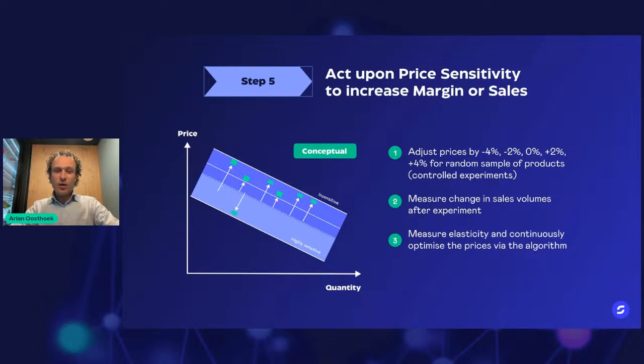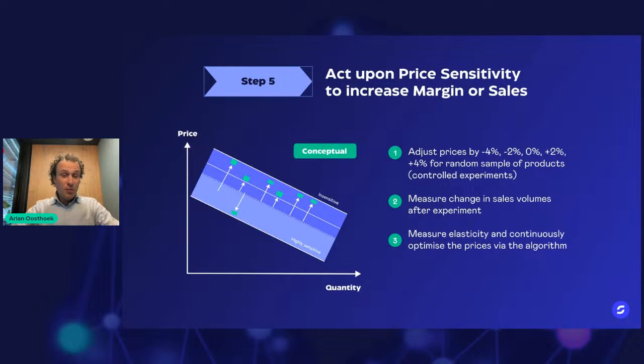And for the insensitive products, we choose a markup, which is also based upon how aggressive you want this experiment to be. It's really important to measure the change in volume after the experiment, but also to measure the sensitivity and to continuously optimize this based upon new data.